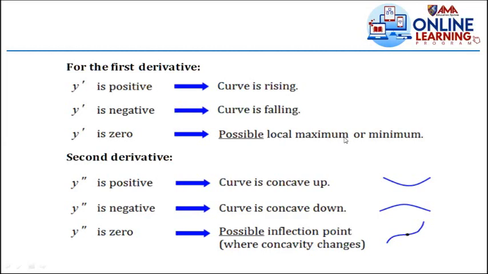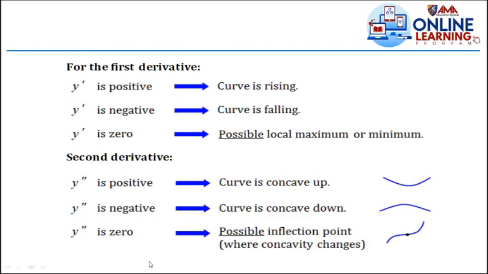Okay? So we have now your second derivative. When we say second derivative, we call that your higher derivative. If y double prime is positive, the curve is concave upward. If y double prime is negative, the curve is concave downward.